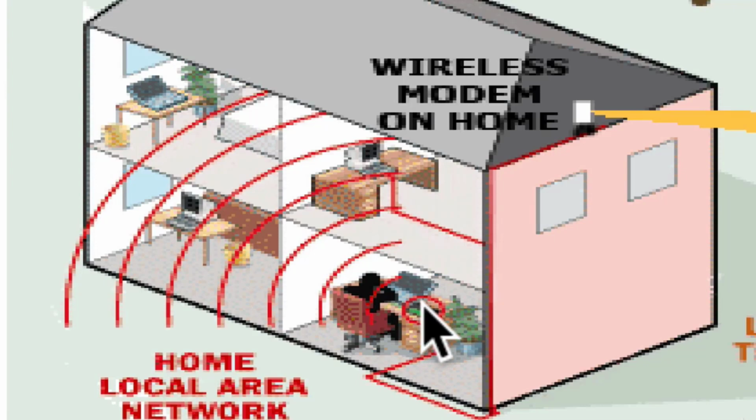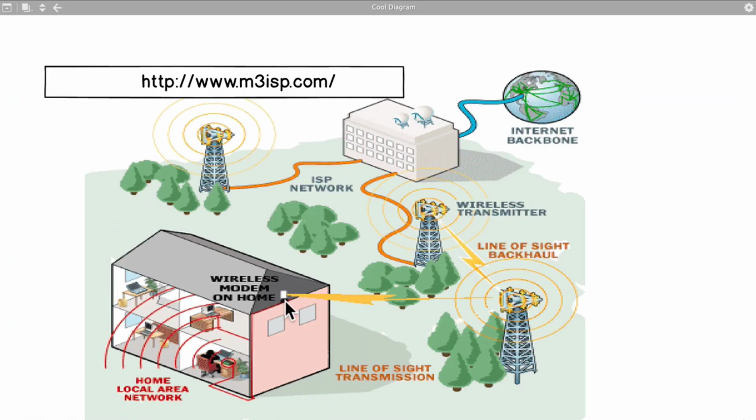This router is connected to something called a modem. If you ever sign up for internet or change providers, you most likely had somebody come to your house and install something, and that's essentially this box over here. The modem is what allows the ISP, the internet service provider, this big building over here, to connect to it.